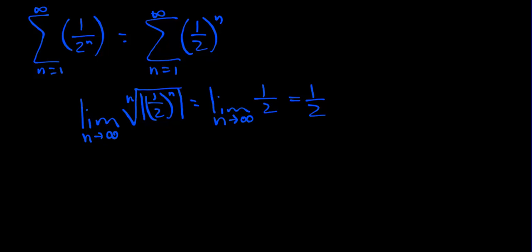Now let's look at another one. Let's suppose that we've got the sum from n equals 1 to infinity of n over 2n plus 1, to the nth power.